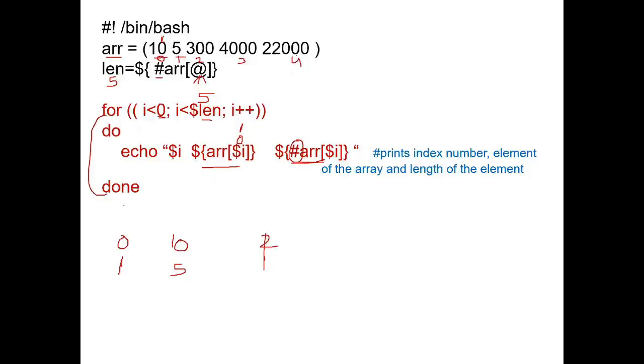Then again the loop gets incremented. This time the index position is 2, the array element is 300, and the length it is going to print is 3. Like this it goes on repeating until the condition becomes false. So this is the output which we got from that.